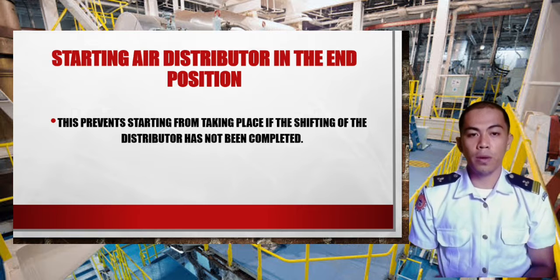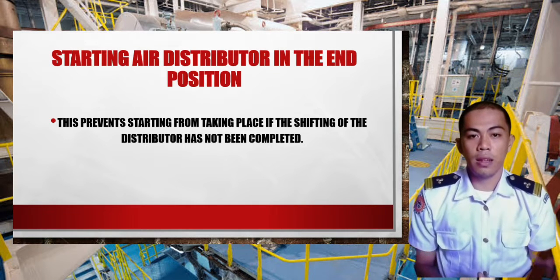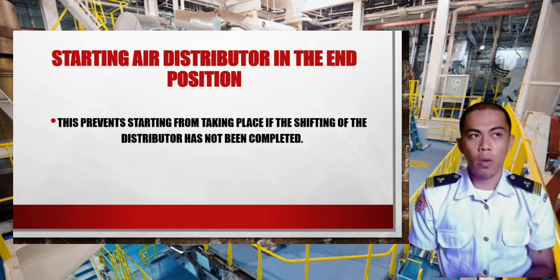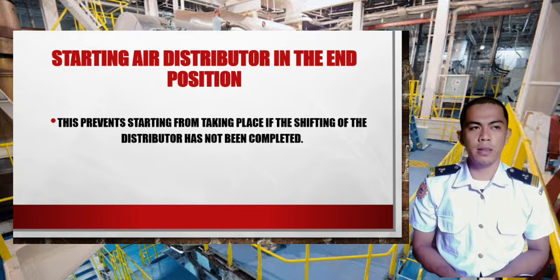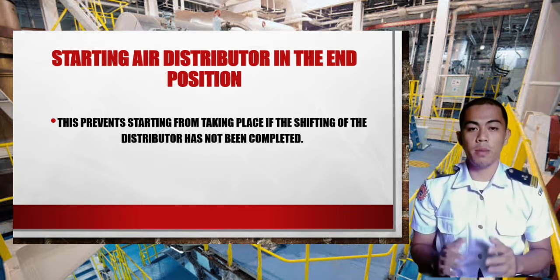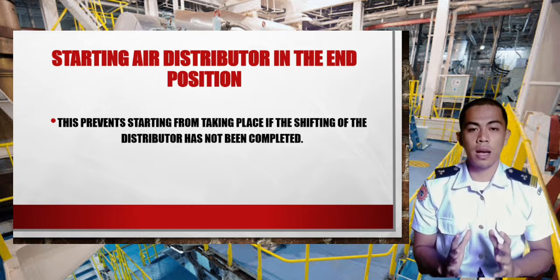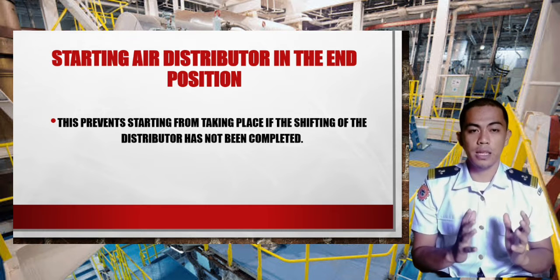For example, our engine on board has 6 cylinders, and the firing order is 1 5 3 6 2 4. So that is the firing order. For example, the starting air follows the cylinders to provide, or another term, maghatag siya hangin into the engine.